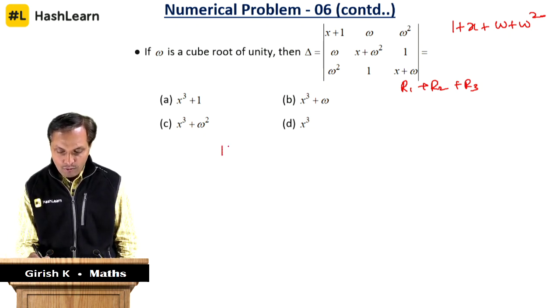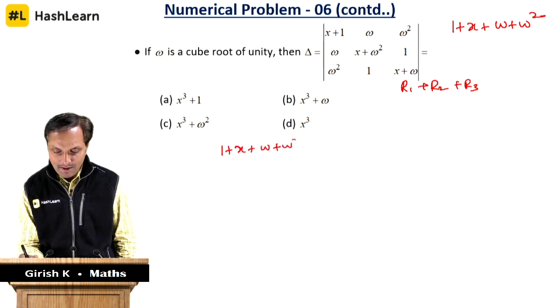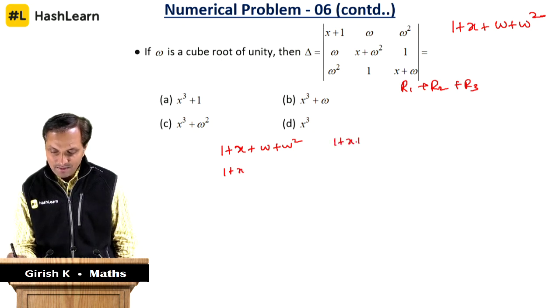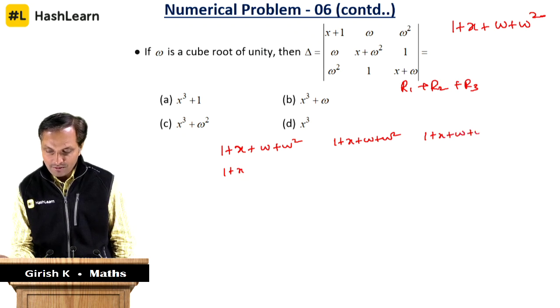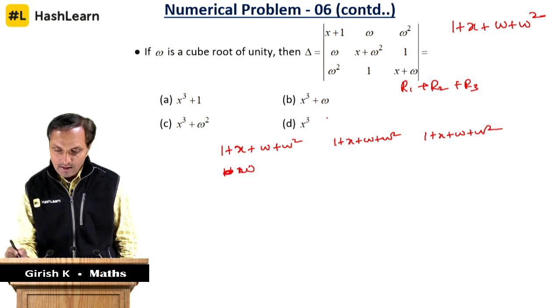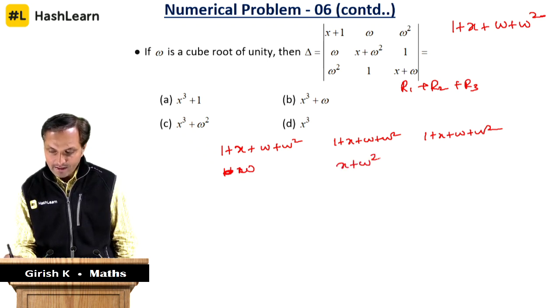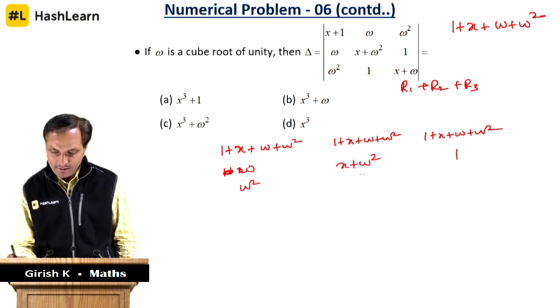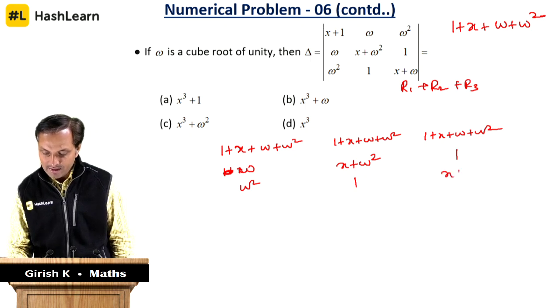You will get 1 plus x plus omega square, 1 plus x plus omega square, 1 plus x plus omega square, and you will have omega here. You will have x plus omega square and 1 omega square, 1 and x plus omega.